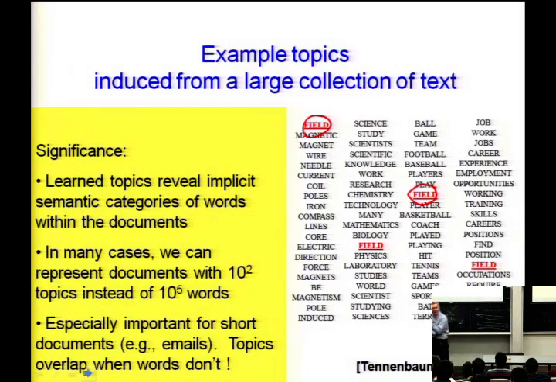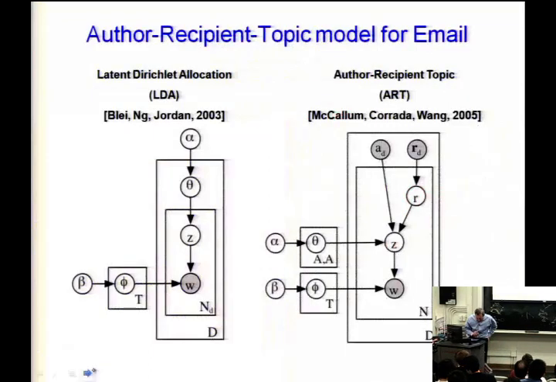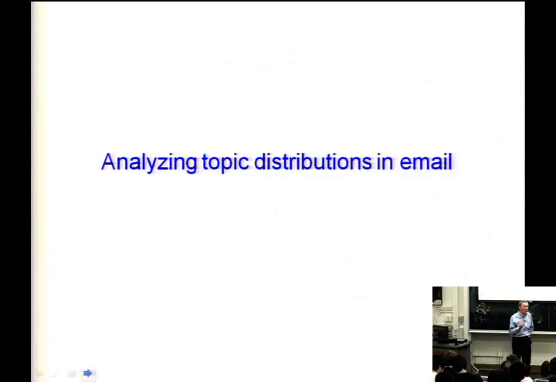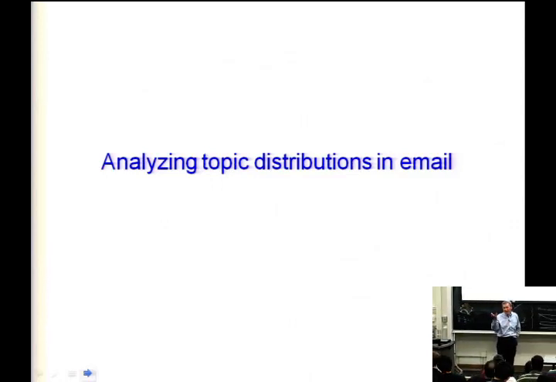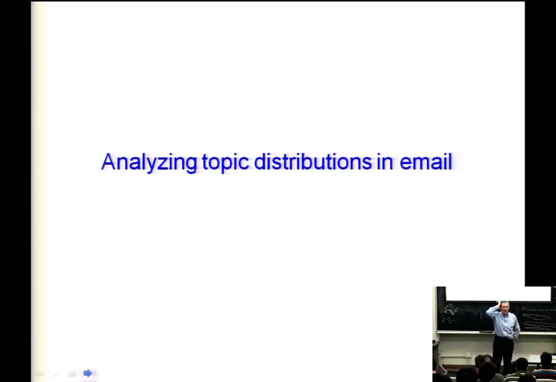Okay, so you get the idea of these topic models. Now, there's one other thing I wanted to show you, which is, I think, very cool. This is some work done by Andrew McCallum, former postdoc here at CMU, now a professor at University of Massachusetts, Amherst. He got the idea: why don't we use these probabilistic topic models to do a new kind of social network analysis on email collections?